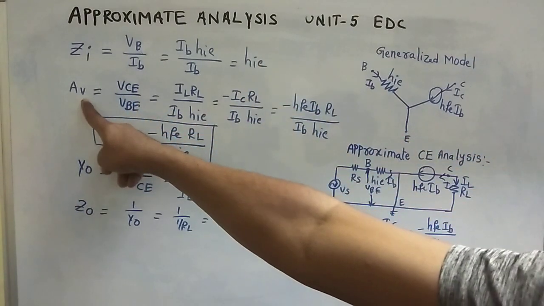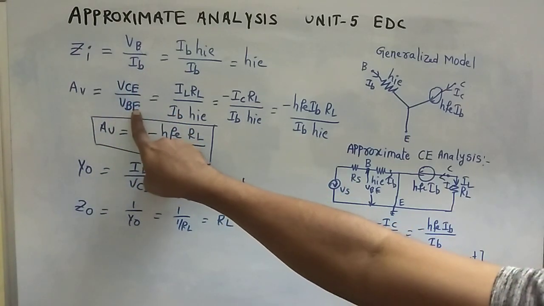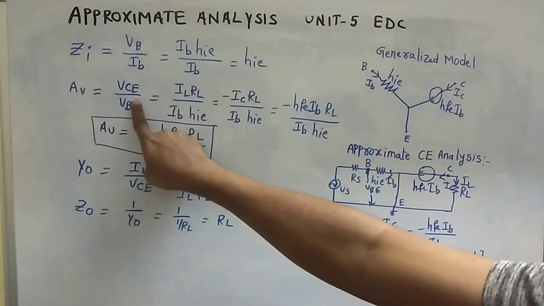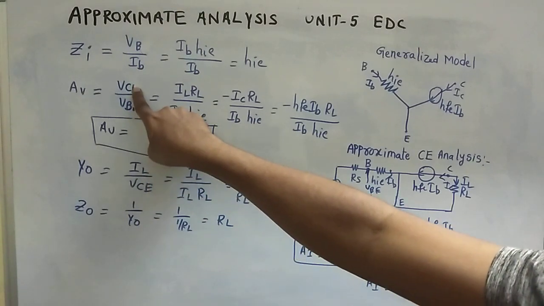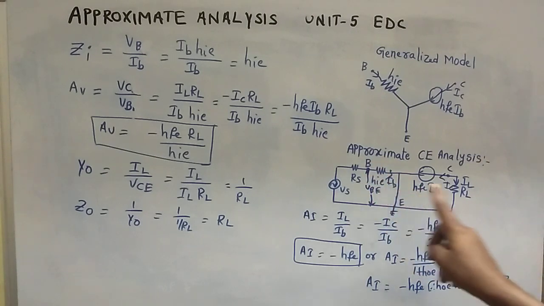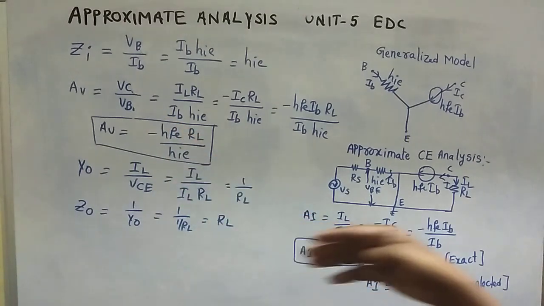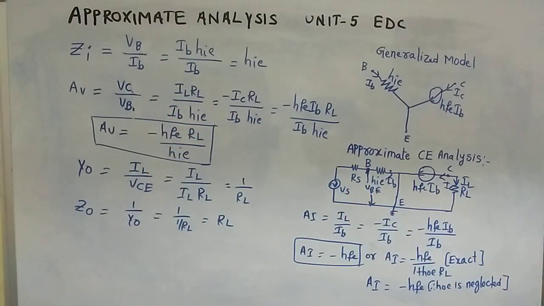Then the voltage gain is equal to VCE by VBE, otherwise VC by VB. You may write VBE and VCE, but I am taking VC and VB, so I write VC by VB.